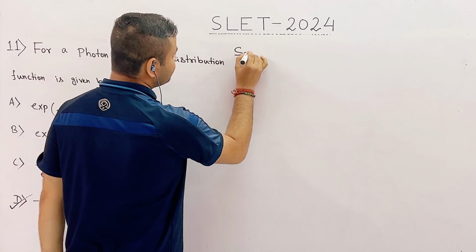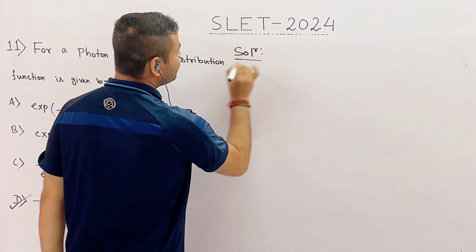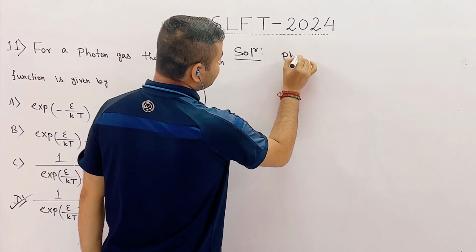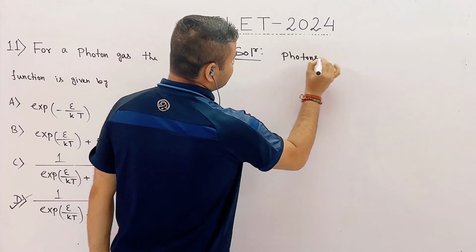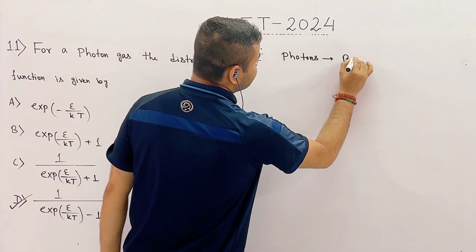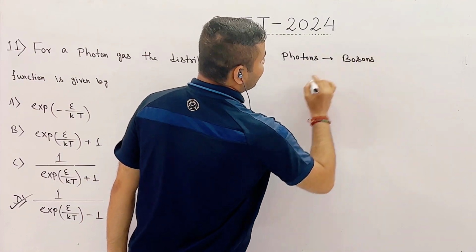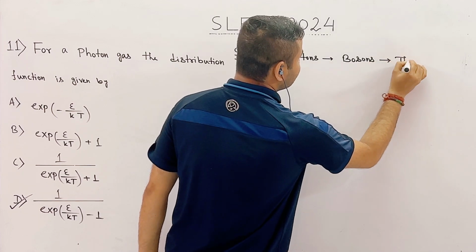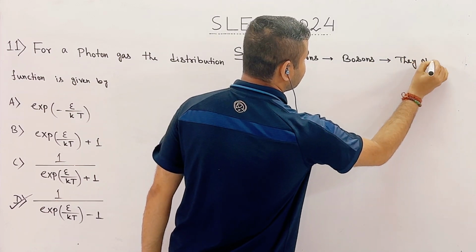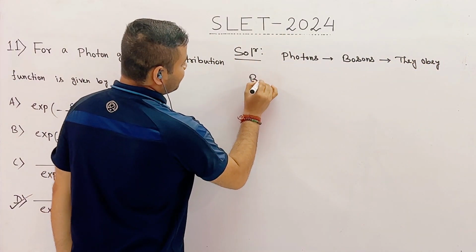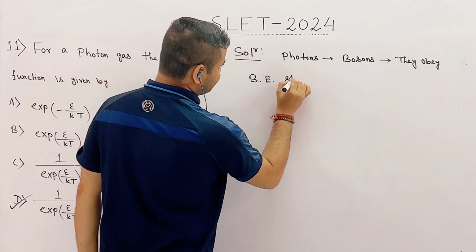Solution. We know photons are bosons and they obey Bose-Einstein statistics.